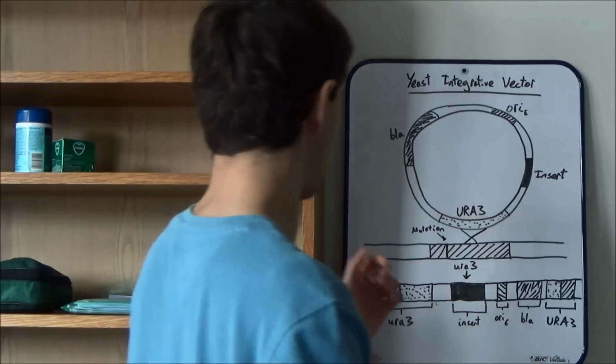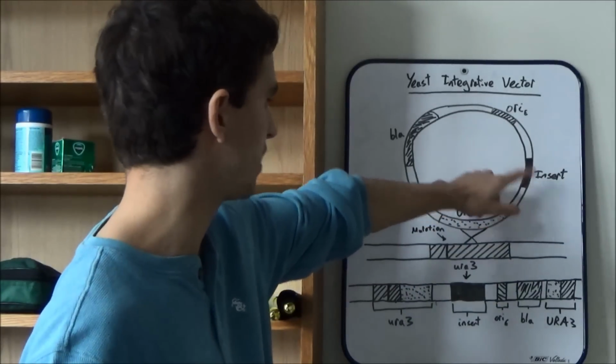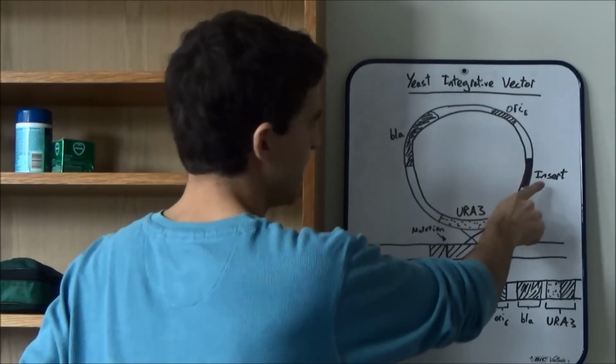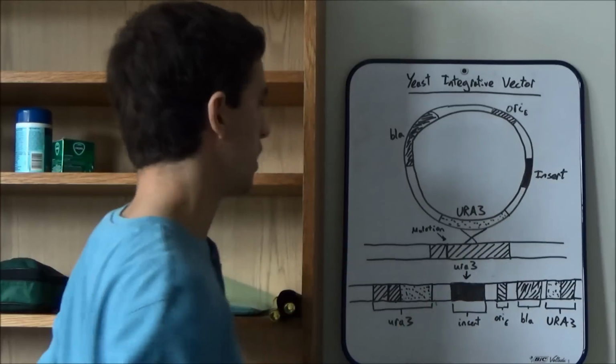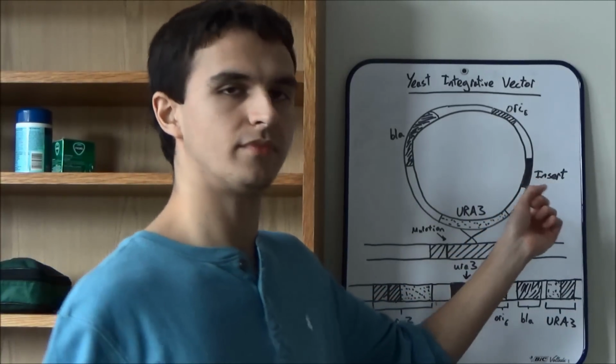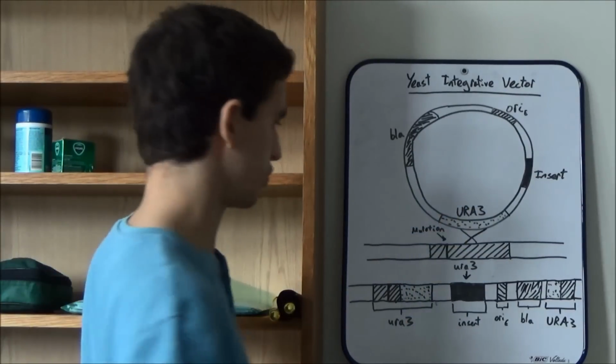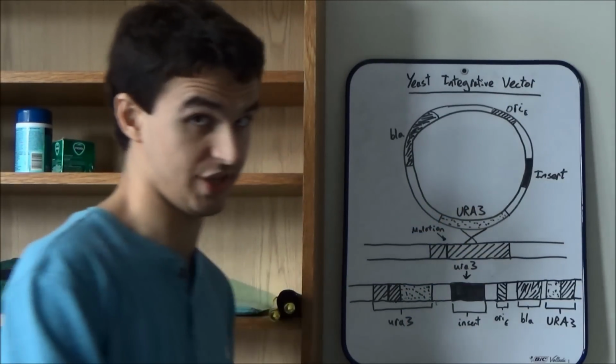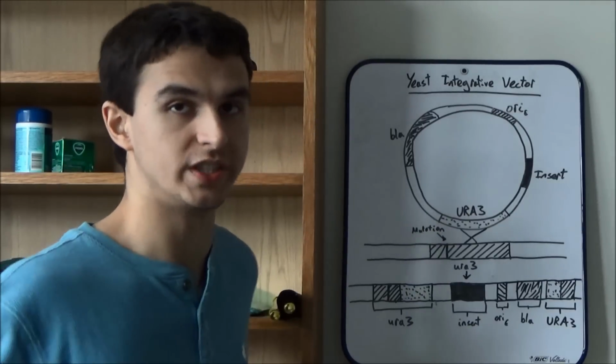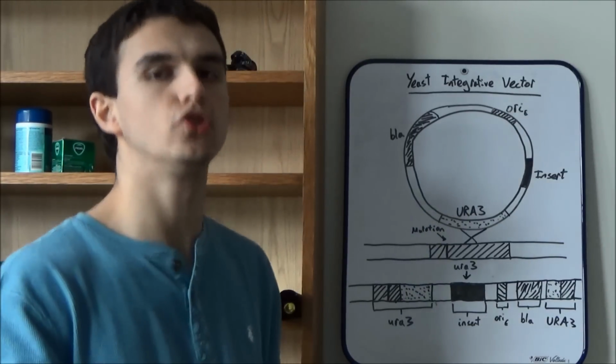That just allows us to select for transformants in our E. coli colony. Over here, of course, we've got our polylinker site where we've inserted our insert of DNA that we want to express in yeast cells. But this is the bit that's really new, the URA3 gene. Now the URA3 gene is a gene which codes for uracil.